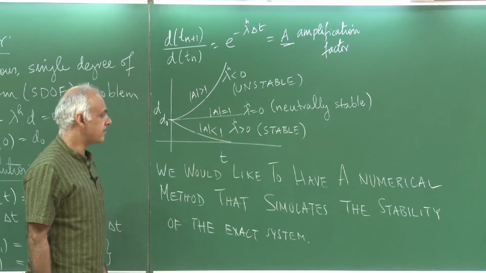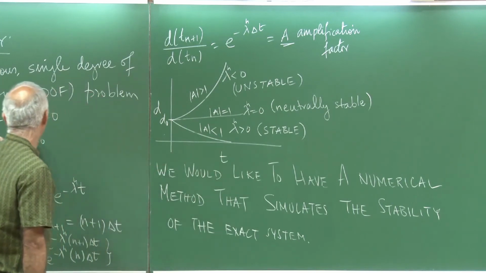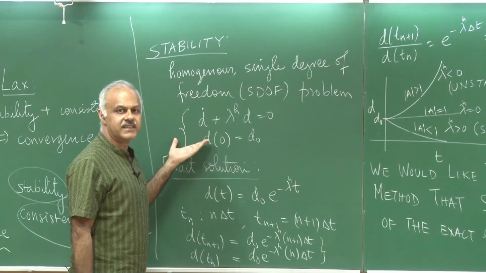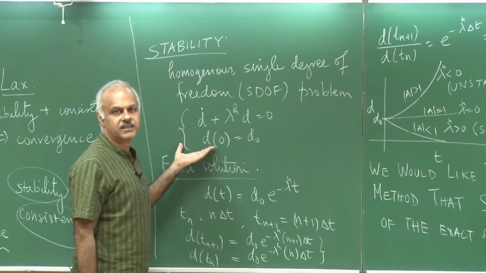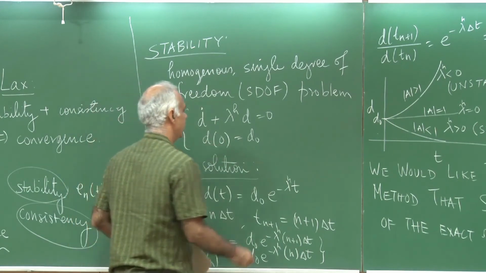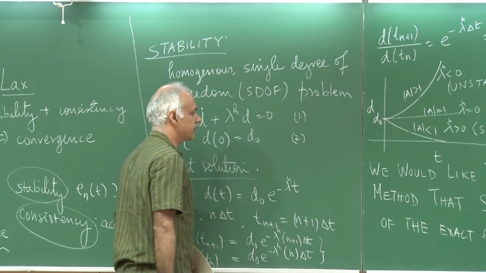So, let us now take the single degree of freedom system, the one given over here, and let us apply the generalized trapezoidal method to it and see what kind of stability we predict. Just for convenience, let me number these equations as 1 and 2.